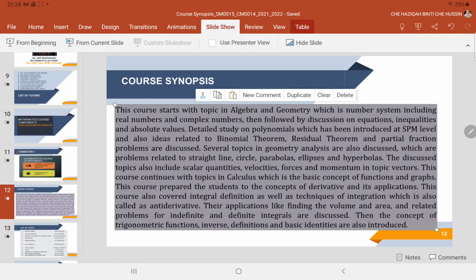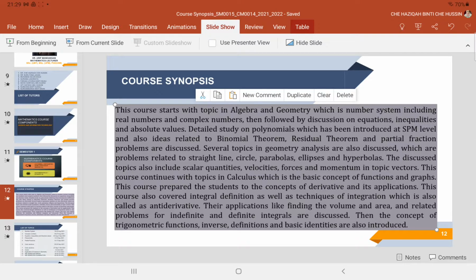Then we will introduce several topics in geometry analysis, including the straight line, the circle, parabolas, ellipse, and hyperbolas. We continue with scalar quantities, velocities, forces, and momentum in the topic of vectors.